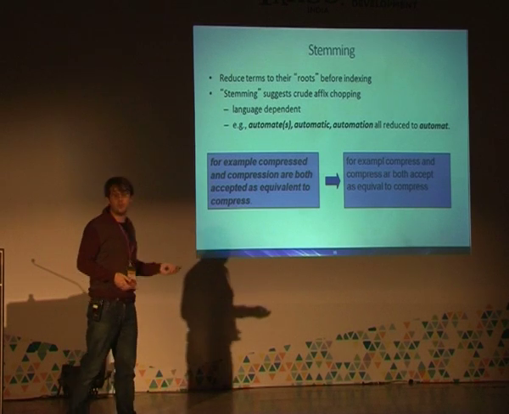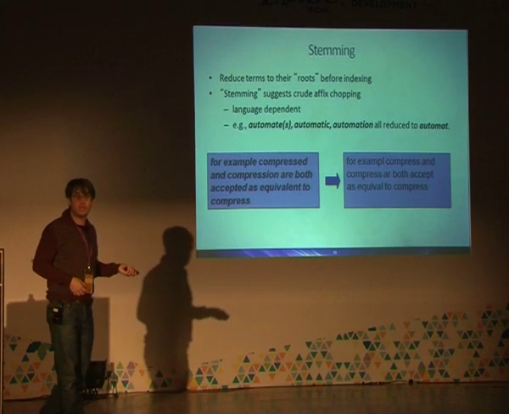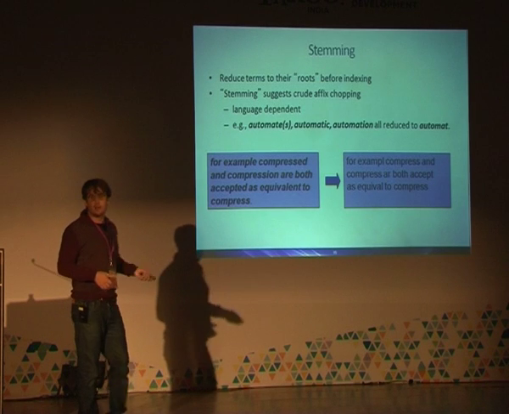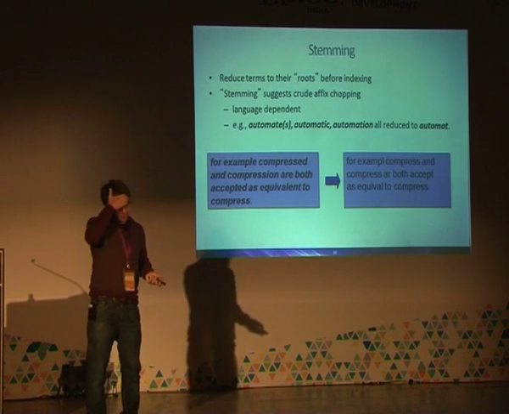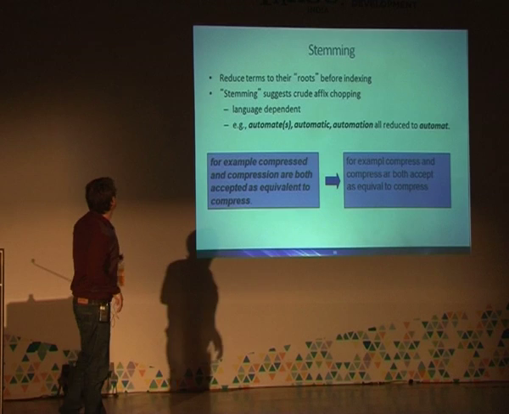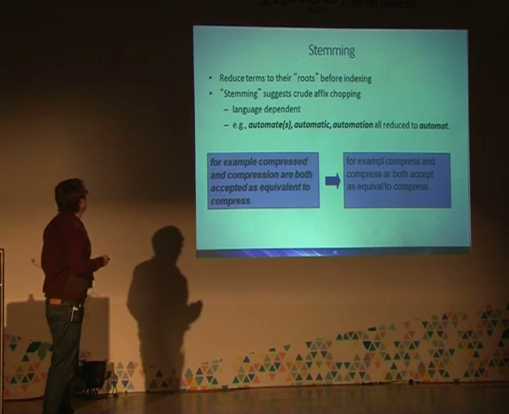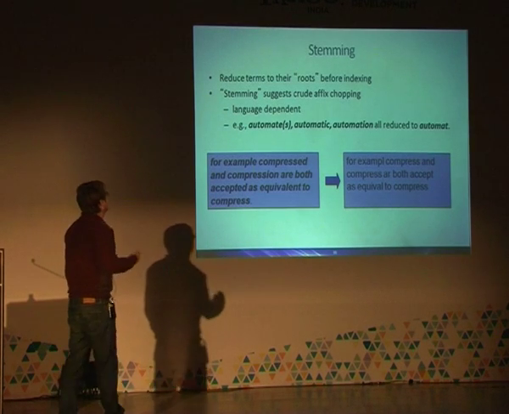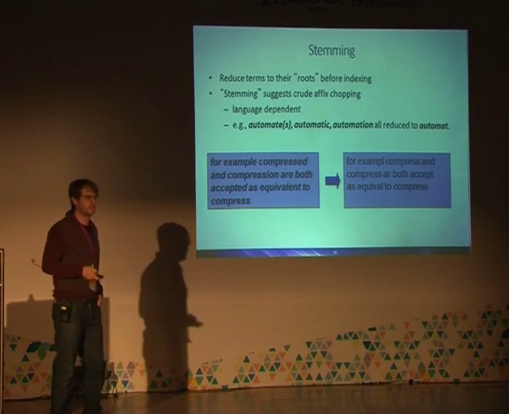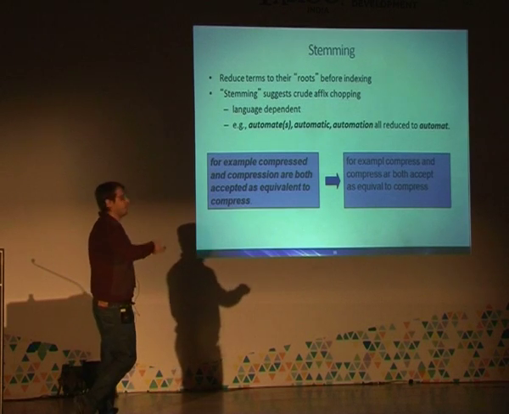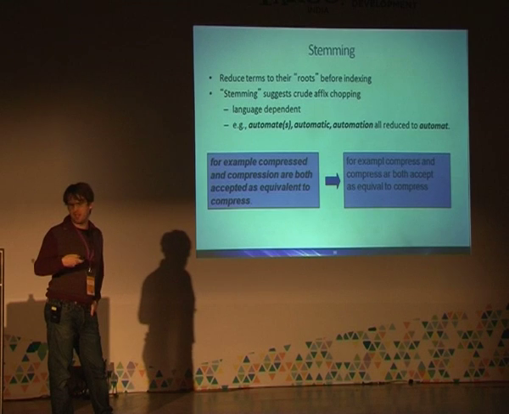And stemming is possibly the most aggressive technique for doing that. Just, again, heuristic, which is great because it's fast. What stemming does is that you reduce the terms to their root before indexing. You can think of it as very crude language-dependent rules.